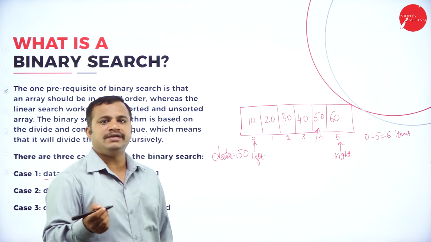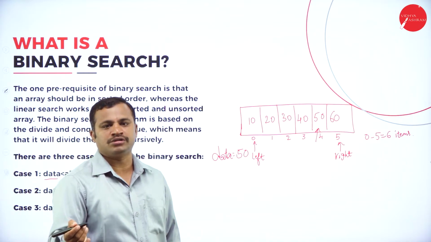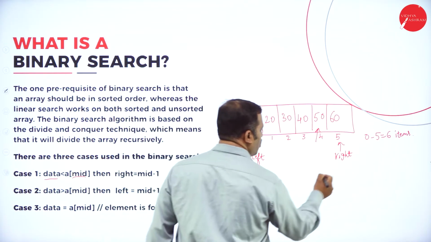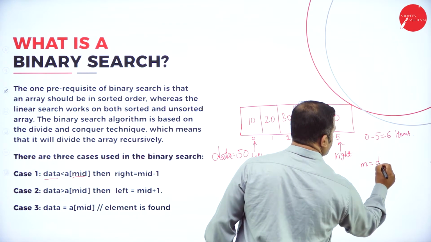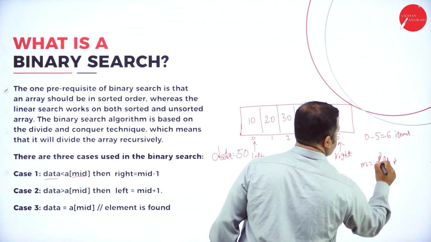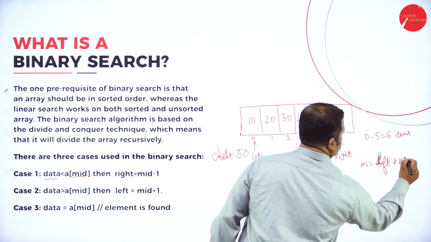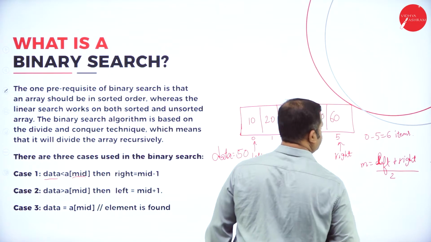How can I calculate the middle element? Obviously, it is a binary search algorithm. We can employ the formula mid is equal to left plus right by 2.